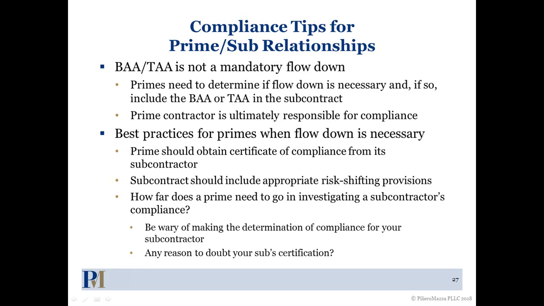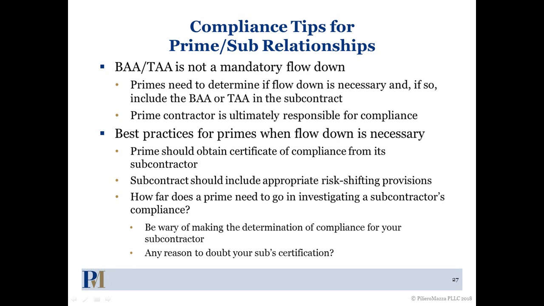All right, so what about prime-sub relationships, flow down for BAA and TAA, whether you're the prime or the sub. So this is a pretty typical situation you're going to find yourselves in when you're dealing with BAA and TAA, and I think the first key takeaway here is that there is no mandatory flow down for BAA and TAA.